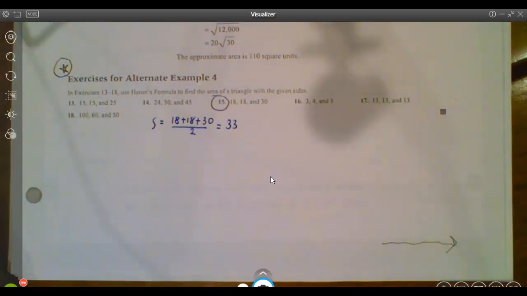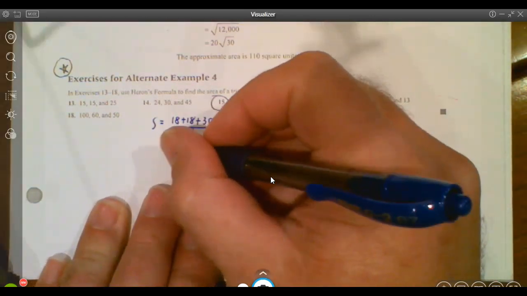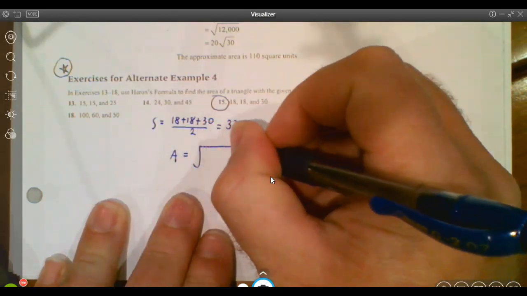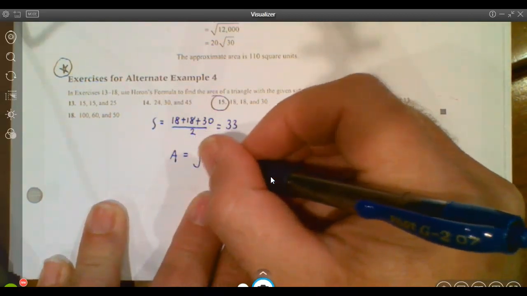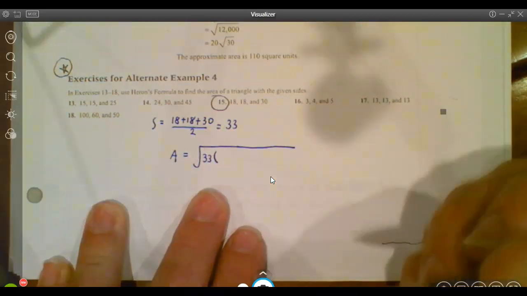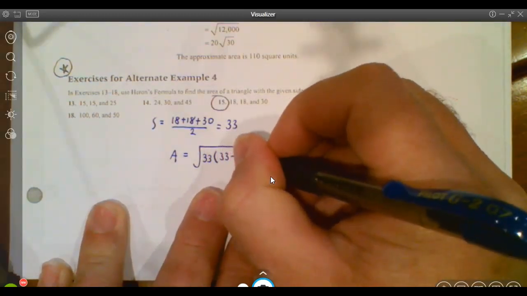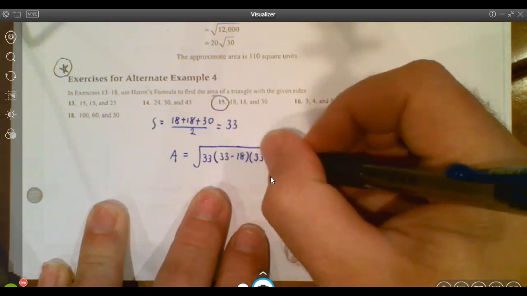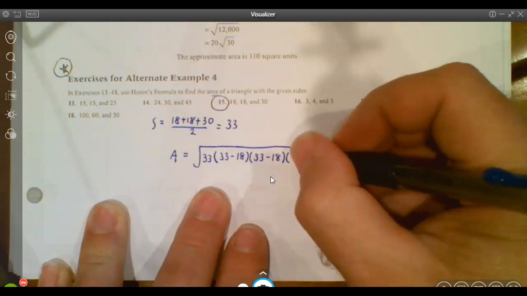So there's our value for S. So as we plug this into our area formula, don't forget that square root. So I have my S. And then I find the difference between all these guys. So I got my 33 minus 18. I got another 33 minus 18. And then I got a 33 minus 30.